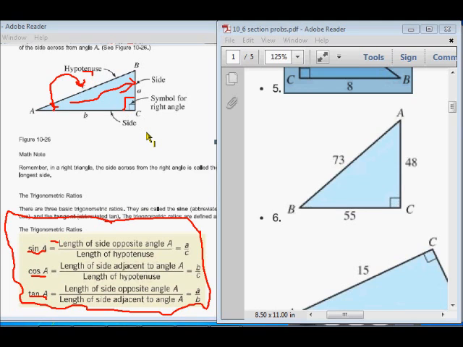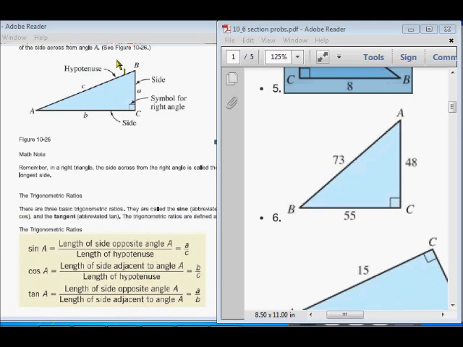So, for this problem right here, let's get the sine of A. And notice over here, they've got the sine of A is over in this corner. And over here, it's in this corner.